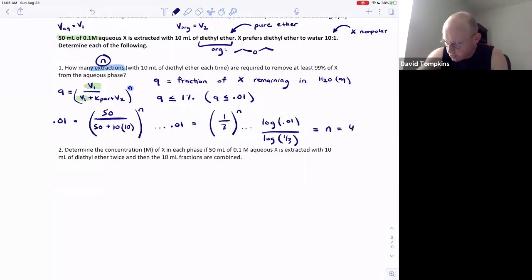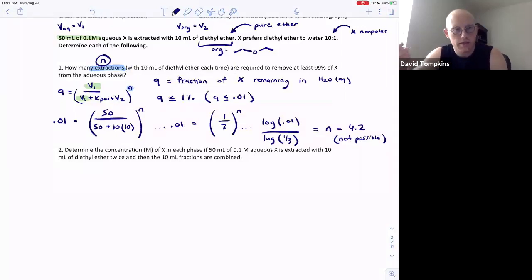For n, you should get 4.2. And 4.2 indicates that you do 4 extractions and then 20% of a 5th extraction. But this is not possible. Our limitations are that we're working with 10 mil portions of diethyl ether.